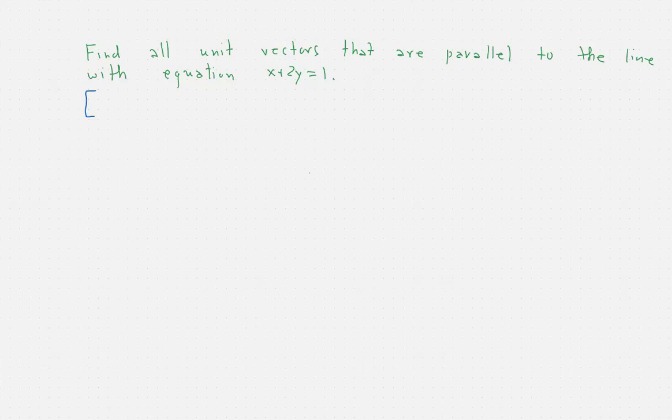Let's talk a little about normalization of a vector. So if u is a non-zero vector, then the vector 1 over the magnitude of u times u is a unit vector. Okay, so as a simple example, take the vector 1, negative 4.